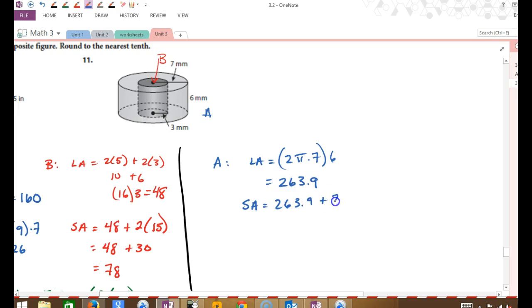Okay, so surface area is going to be 263.9 plus the 2 bases. So the area of the circle is pi r squared. So we're going to have pi, we said 7 was the radius. So what is pi times 49 times 2? 307.9.